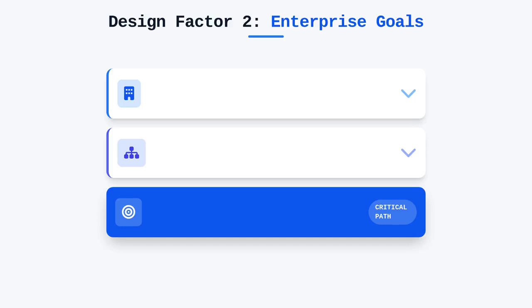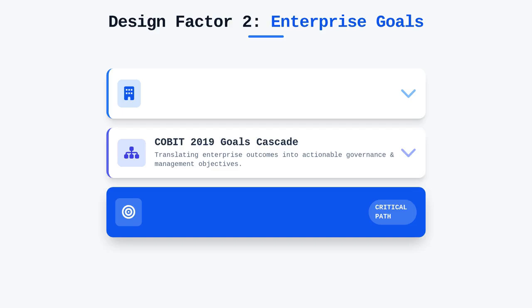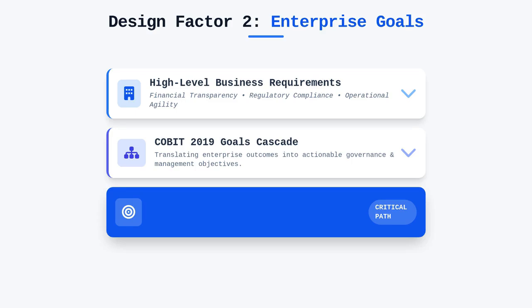Moving to Design Factor 2, we address enterprise goals. The COBIT 2019 Goals Cascade provides the necessary scaffolding to translate high-level business requirements into actionable governance and management objectives. Enterprise goals represent the desired outcomes for the organization, ranging from financial transparency to regulatory compliance and operational agility.